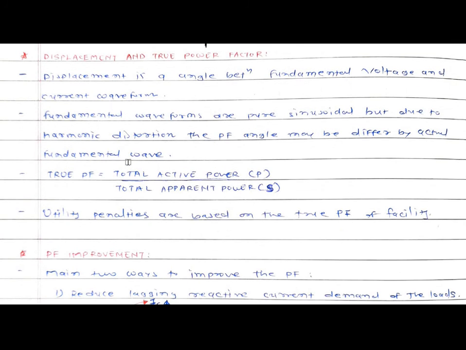Now the next topic is displacement and true power factor. Displacement is the angle between the fundamental voltage and current. The fundamental waveforms are pure sinusoidal, but due to harmonic distortion, the power factor angle may differ from the actual fundamental wave.